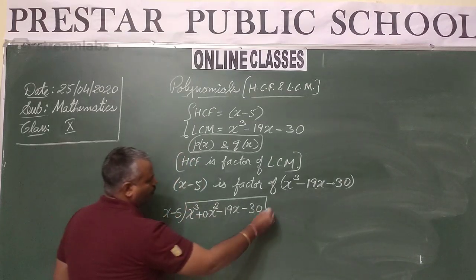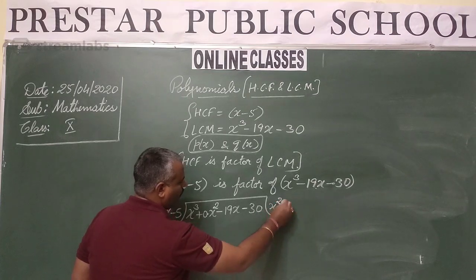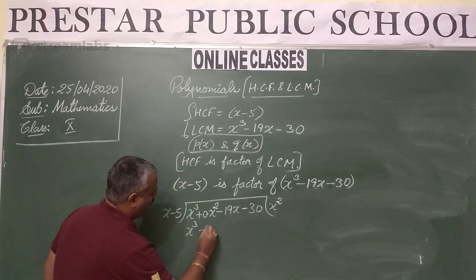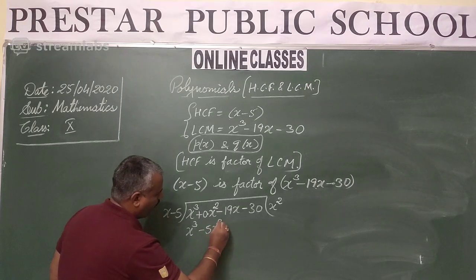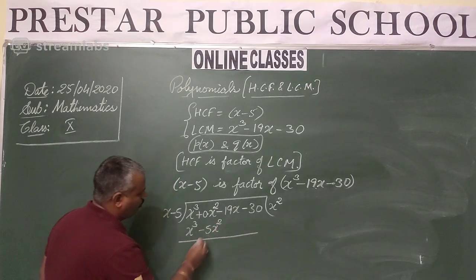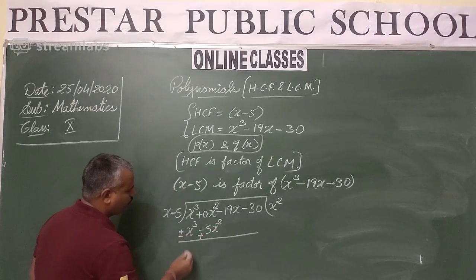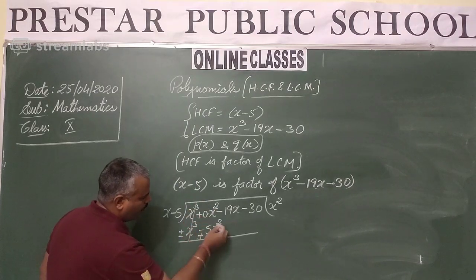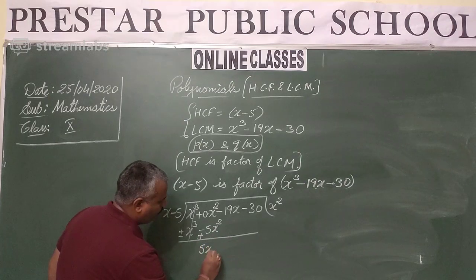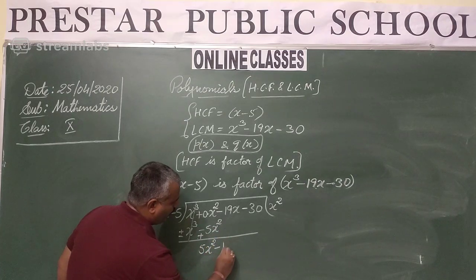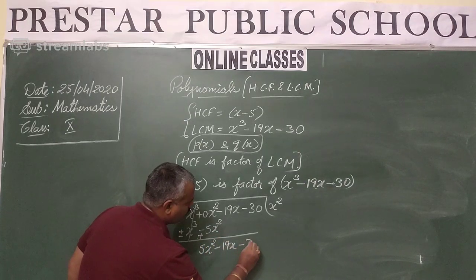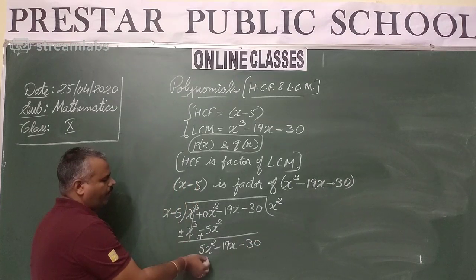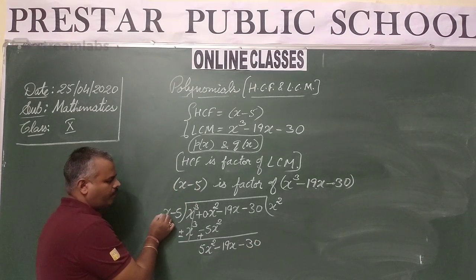The first term of the quotient will be x squared. You will have here x cubed minus 5x squared. Then you subtract these two, where x cubed will be cancelled out. Then 0x squared and plus 5x squared gives you 5x squared minus 19x minus 30. Now we have to divide this expression by x minus 5.